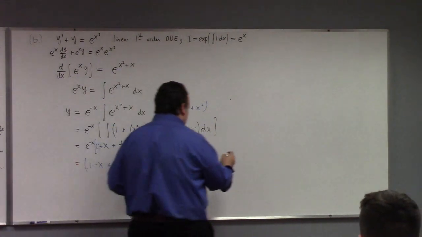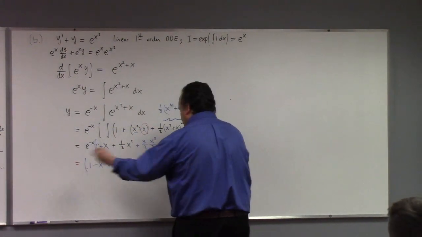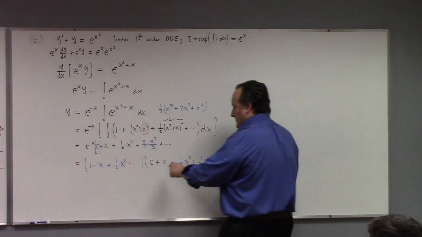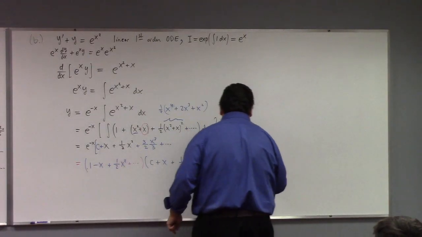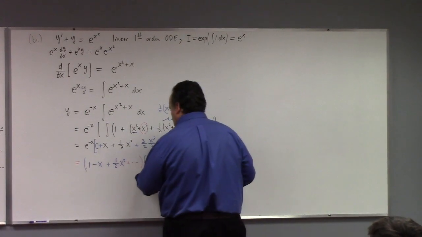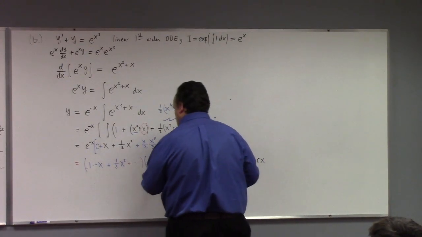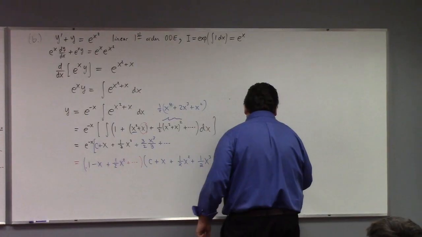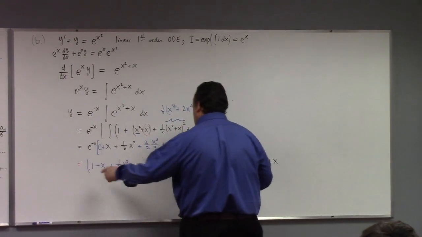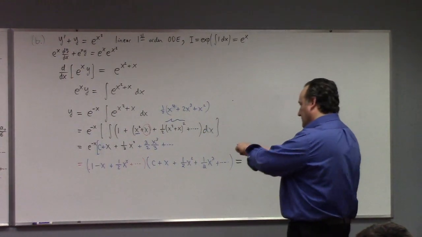Okay, so the way you multiply is just collect terms in like order, right? So there's a constant. There is minus cx. There is plus x. I think that's it for the linear terms.